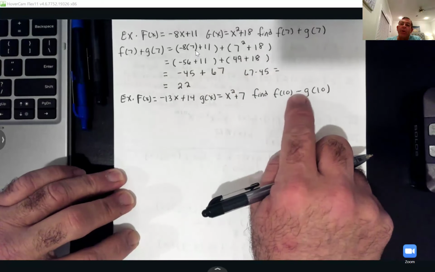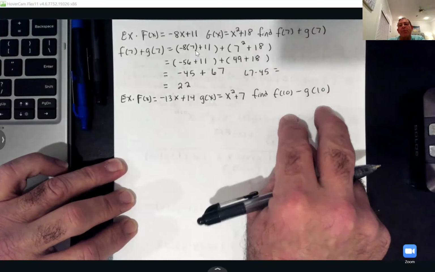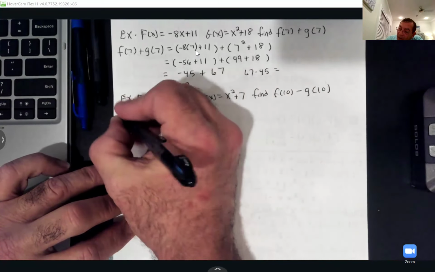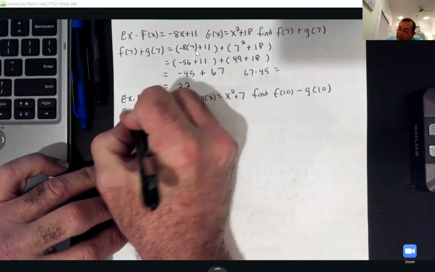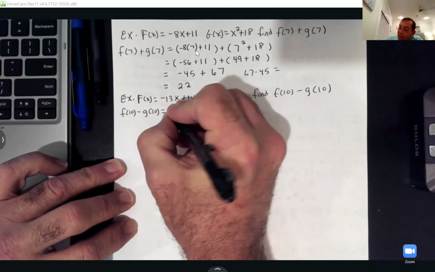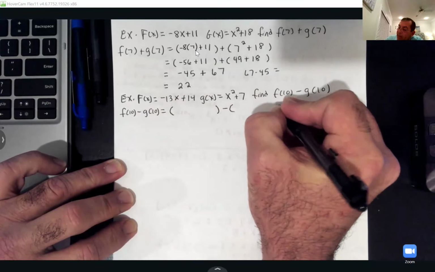But we're going to be a little more careful on subtraction. But it's not as bad when you got numbers versus, say, just variables. So, y'all, we got f of 10 minus g of 10. That's going to equal my f minus my g.